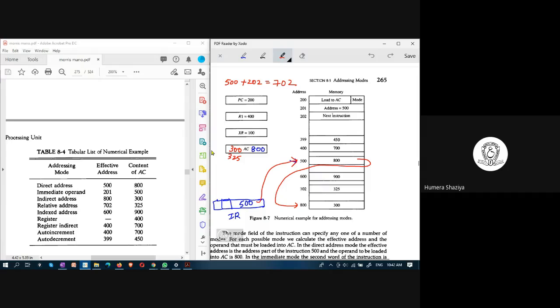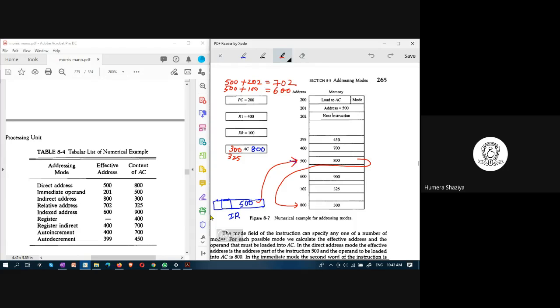Which is the index register here? This XR. Because IR is the instruction register, you cannot call this IR, so you are calling it XR. XR is the index register that has a value 100 and the instruction register has a value 500. So 500 plus 100 is the effective address.